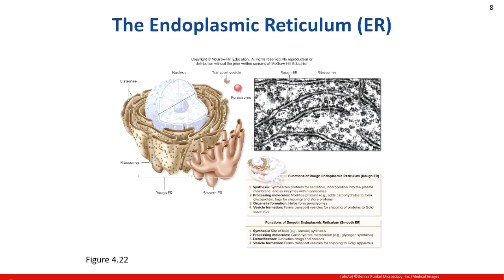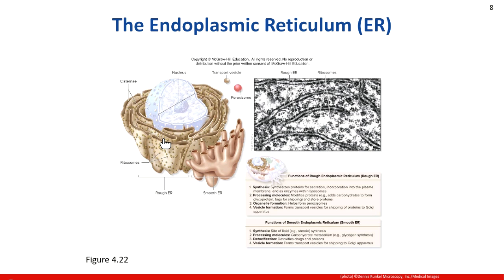The first one is going to be the endoplasmic reticulum. You can see here, our endoplasmic reticulum is this tubular structure that surrounds or is in close proximity to the nucleus. There are two types of endoplasmic reticulum.